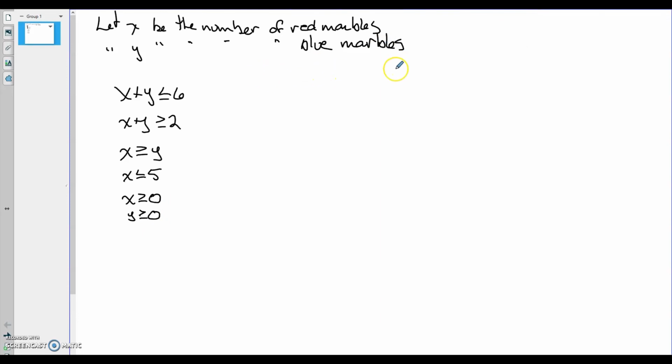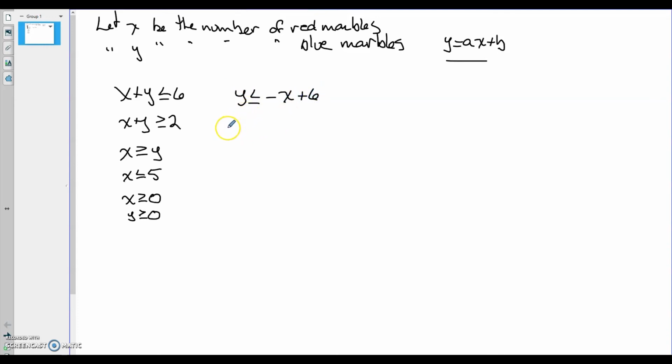Now in order to graph them, we always want our equations to be in the y equals ax plus b format. So let's go ahead and get all of our statements into that form so that we can work with them. X plus y less than or equal to 6, we need to rearrange that to be y less than or equal to negative x plus 6. That's using the algebra skills that we already have developed.